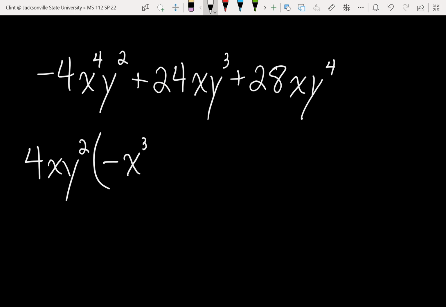Second term, 4 to 24, we need 6. And got an x, we want to end up with 1x, so we don't have to do anything there. And to get from y squared to y cubed, we need y. Last one, to get from 4 to 28, anybody remember?